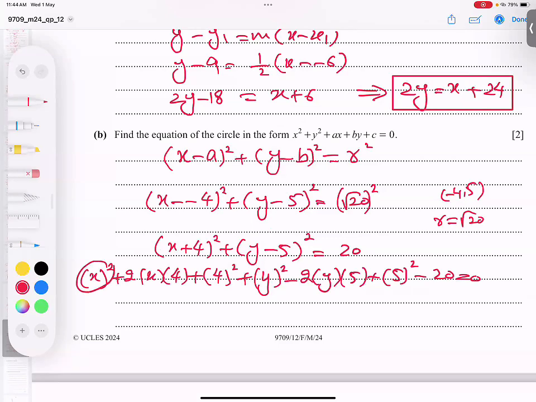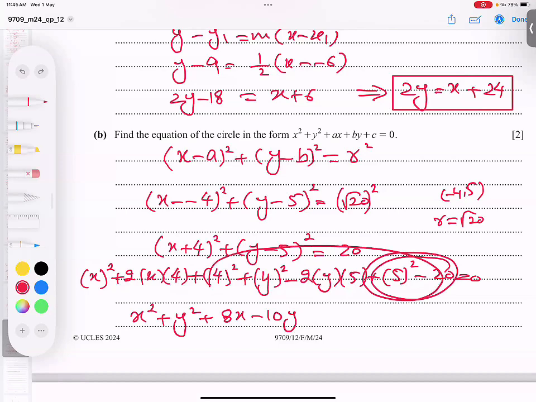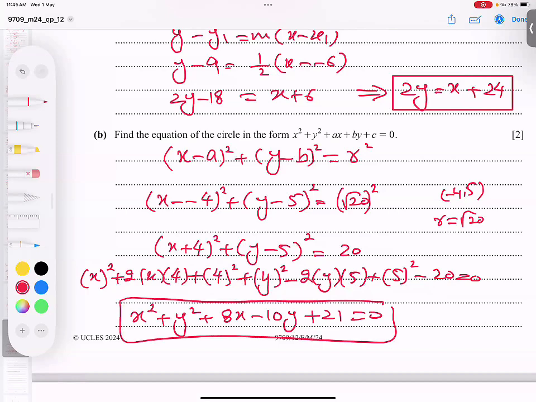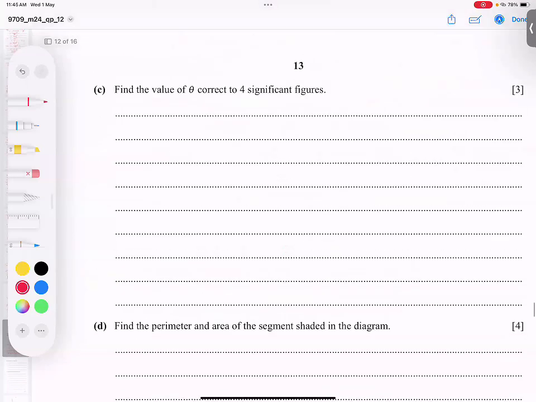I'm writing in order x squared, then y squared, 2 fours are 8x, and 2 fives are 10y, and there's a 25 and 20 gone, I got plus 5. Plus 5 from here, and plus 5 and 16, 21. So I hope, students, you understood well how I got this answer. Let's talk about the next one.